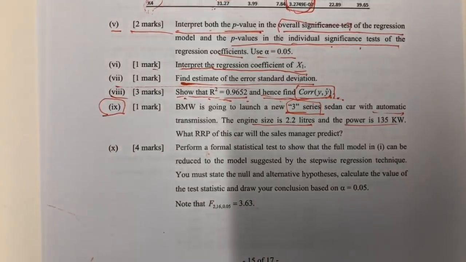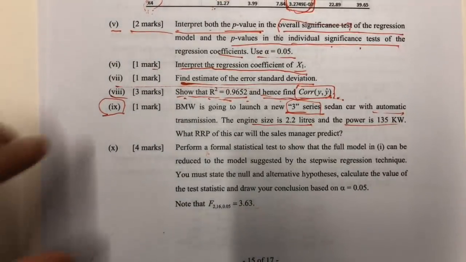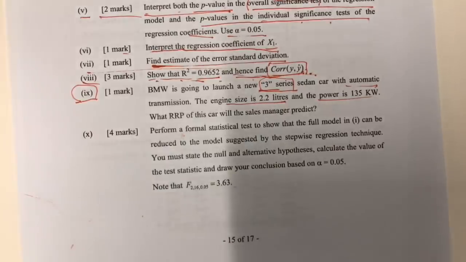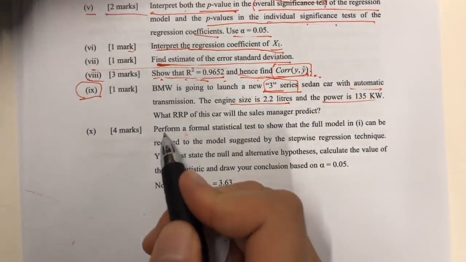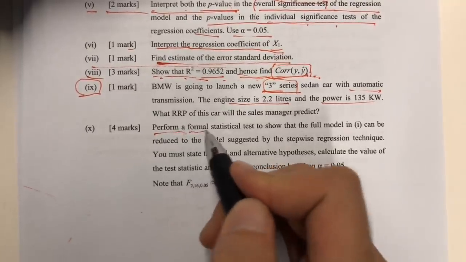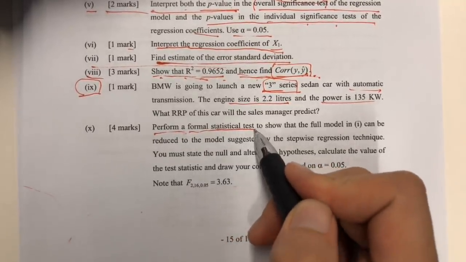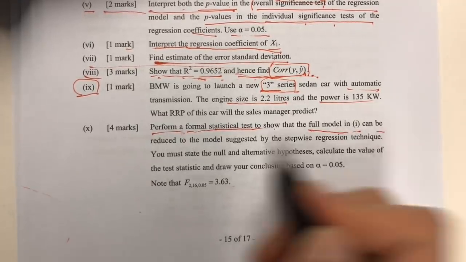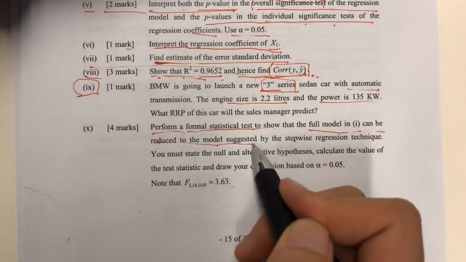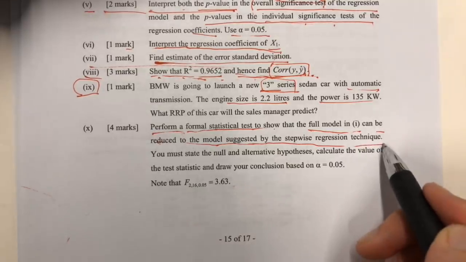Now, the final boss for today's question is question 10. Let's see, what is it asking us? Perform a formal statistical test to show that the full model in 1 can be reduced to the model suggested by the stepwise regression technique.